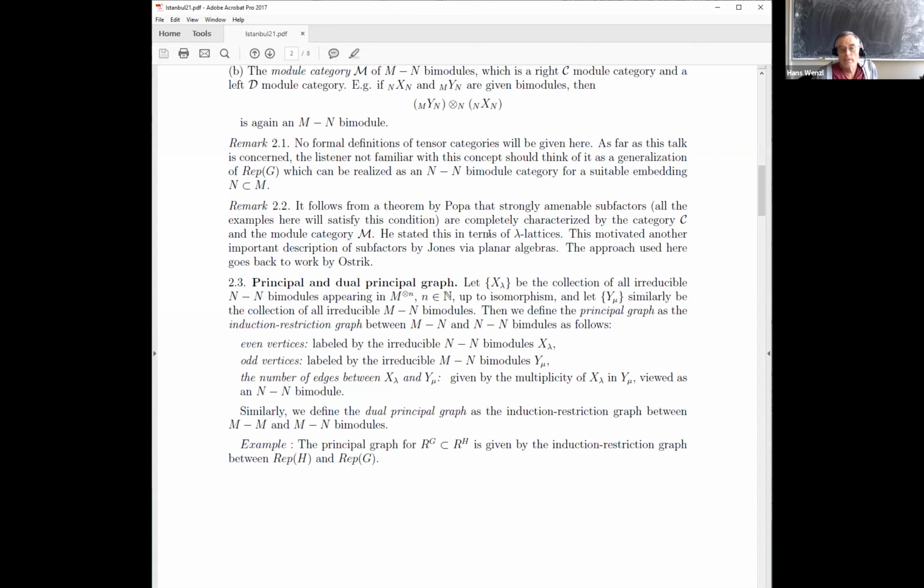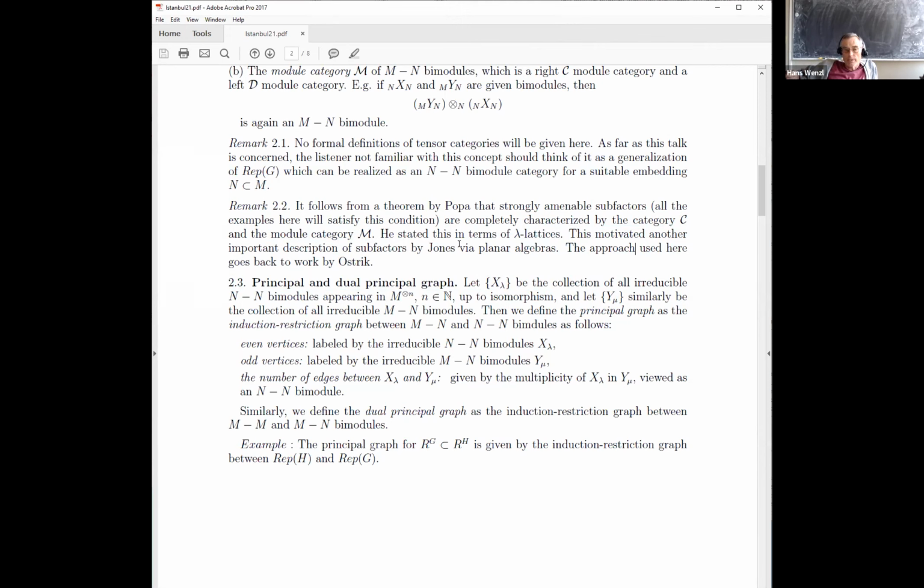Now, Sorin stated this using a slightly different formalism in terms of lambda lattices. And there's yet another description, which is due to Vaughan, which is via planar algebras. These are all equivalent descriptions, and the approach I'm using here goes back to work by Ocneanu, and at least for my setting seems to be the most convenient.